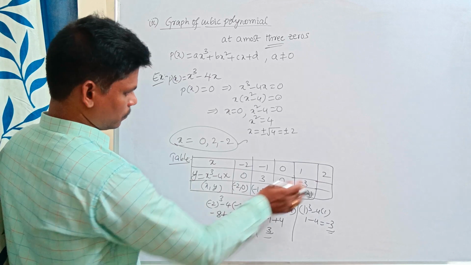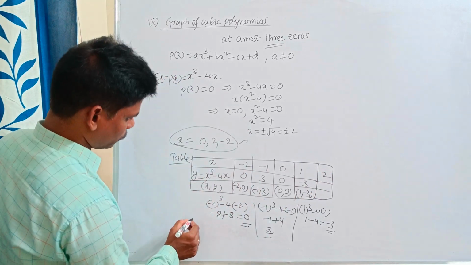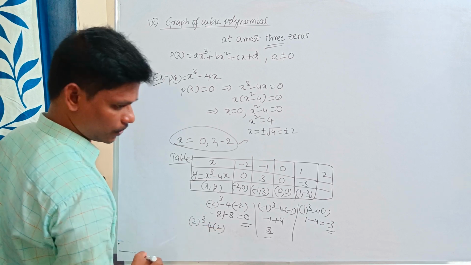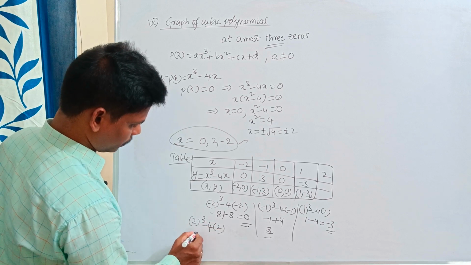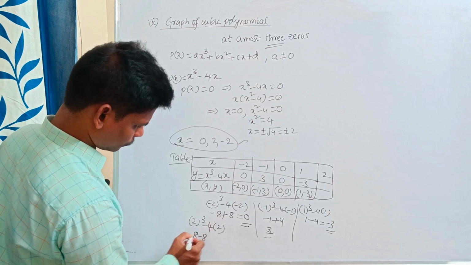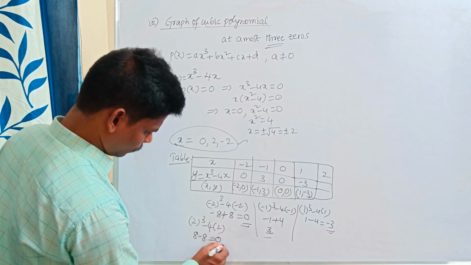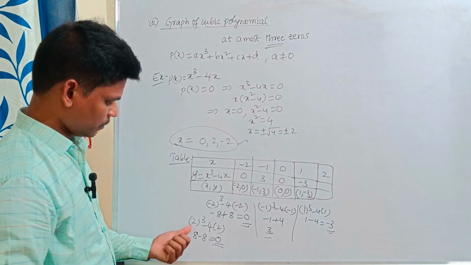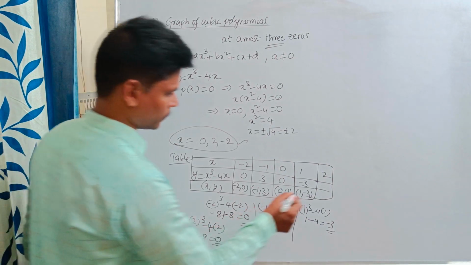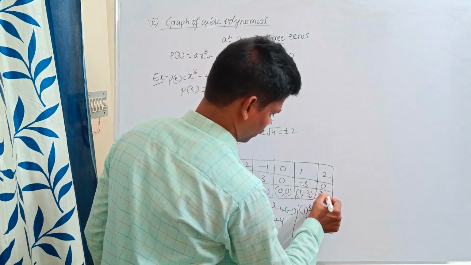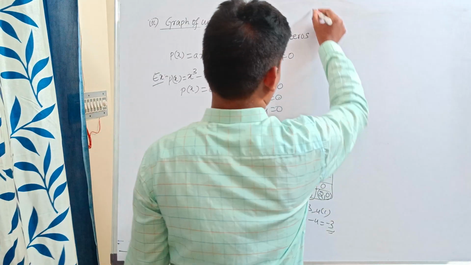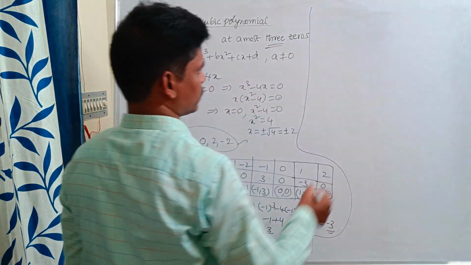Next, put 2. 2 whole cube minus 4 into 2, that is 8 minus 8, equal to 0. So this is 2 comma 0. Next, to draw the graph, take the x-axis and y-axis.